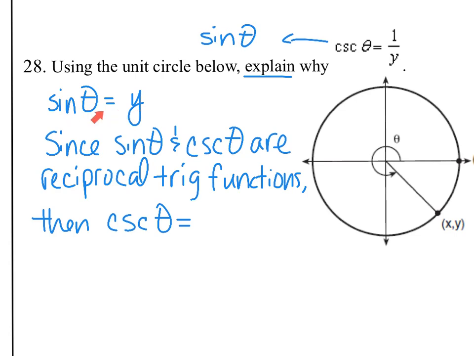If sine theta is equal to y, then the reciprocal trig function's value has to equal the reciprocal of this, right? So that would mean that it would have to equal 1/y. Okay, because y's reciprocal is 1 over y. All right?